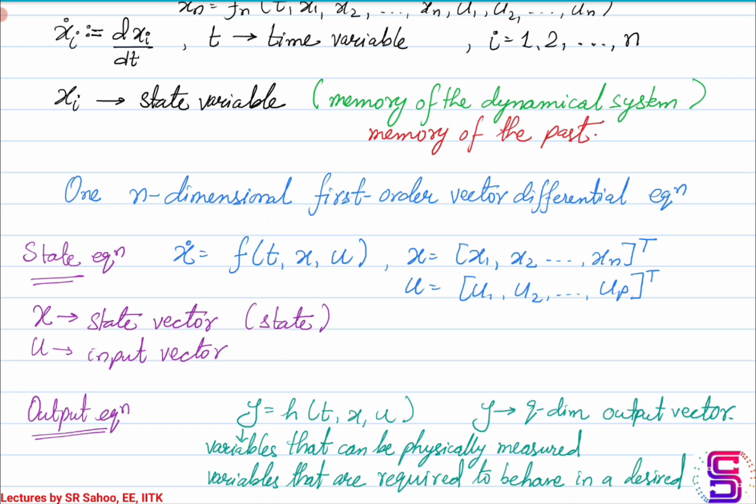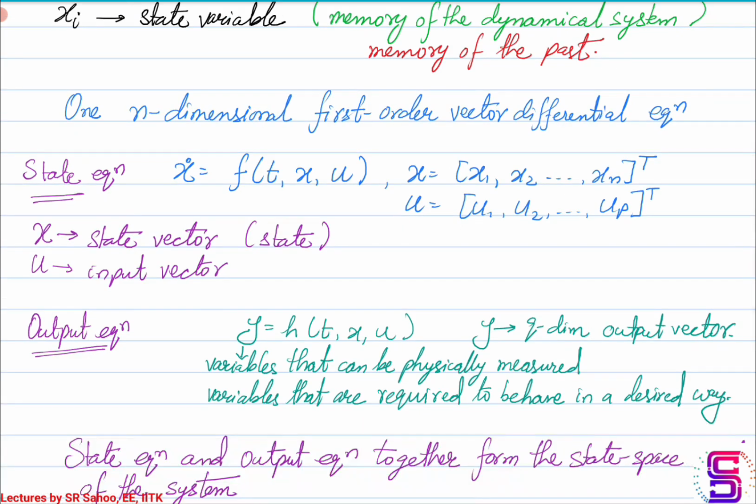Now for a system, sometimes we are interested in some particular variable which needs to behave in a desired way, or there are certain variables which can be physically measured and we are interested in those variables. Such variables are termed the output of the system, because we are interested in monitoring them through direct measurements, or we are interested in making them behave in a desired way.